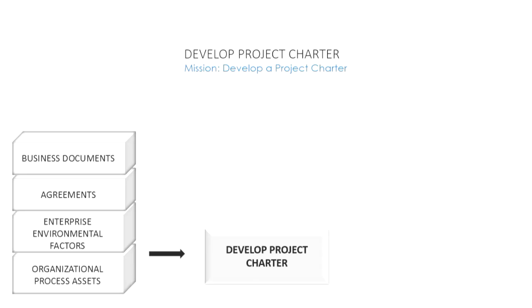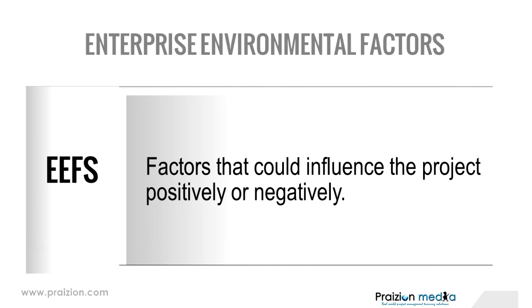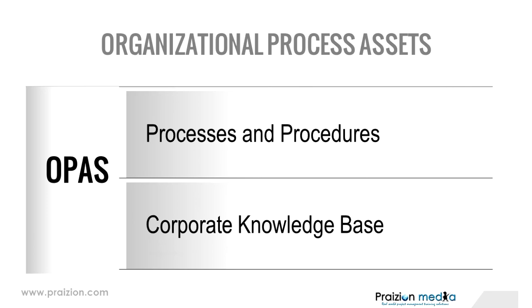We also have another input known as organizational process assets, and I'll refer to this as OPAs, and I'll refer to enterprise environmental factors as EEFs from time to time, so you'll know what I'm talking about. But organizational process assets can be broken into two big buckets. First one, processes and procedures for conducting work in the firm that is carrying out the work.